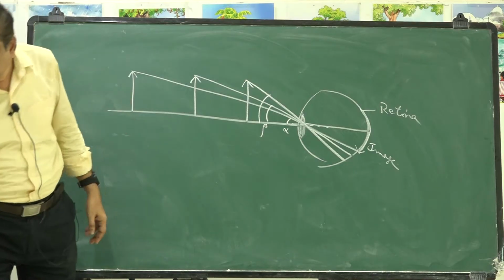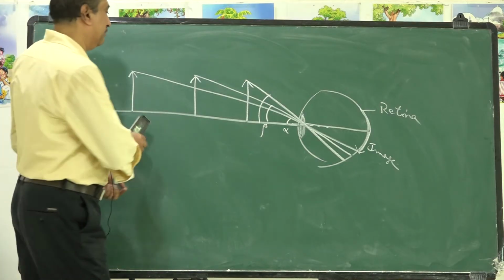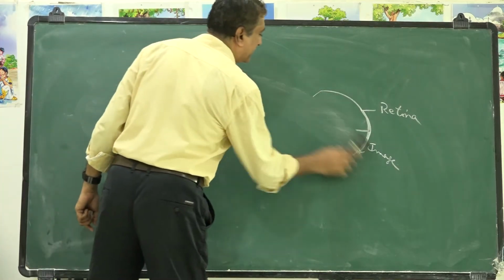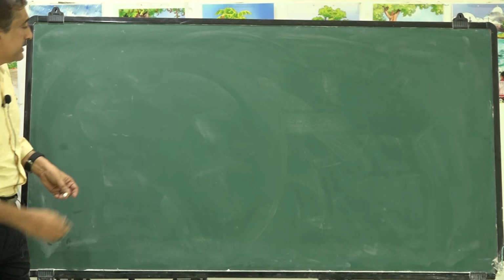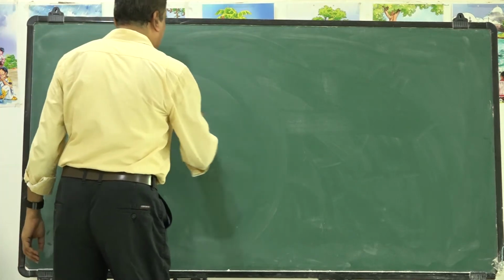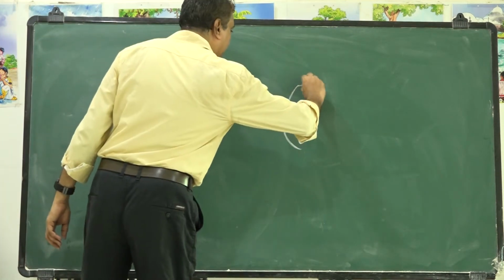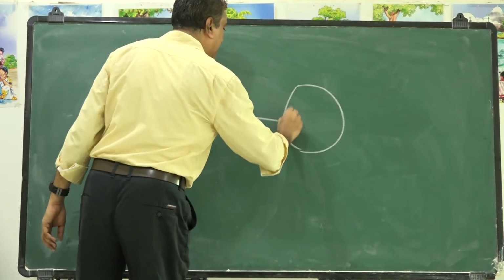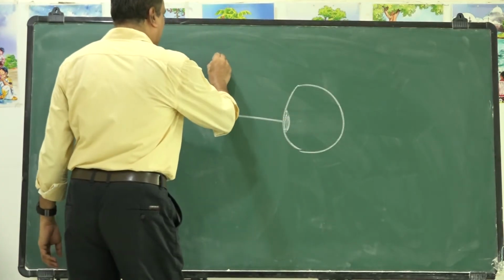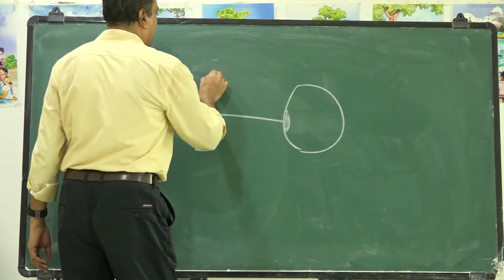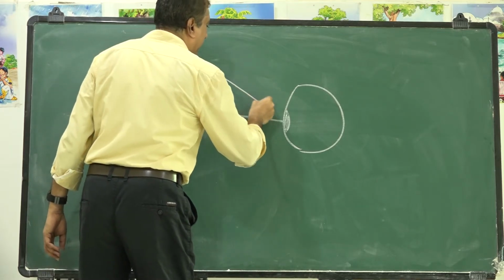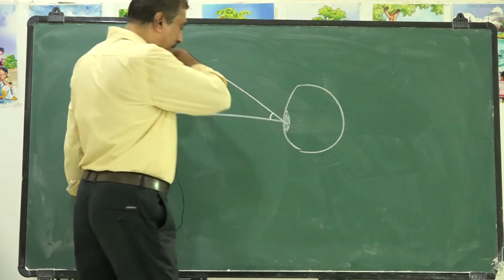And the next one is visual angle. Suppose this is our eye, and an object of height h is at this point. The angle subtended at the eye is theta.